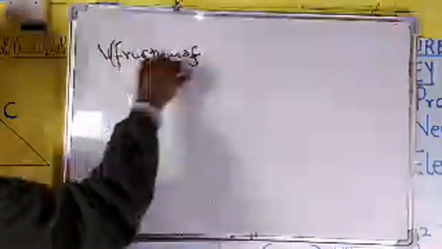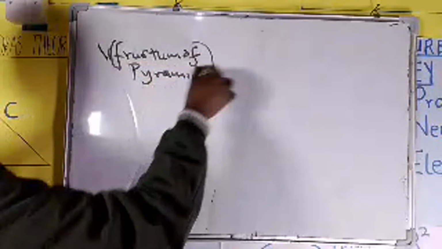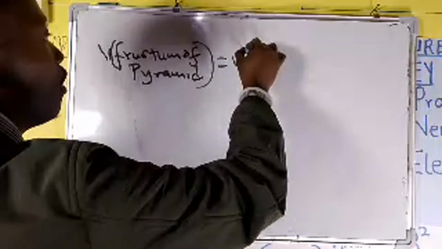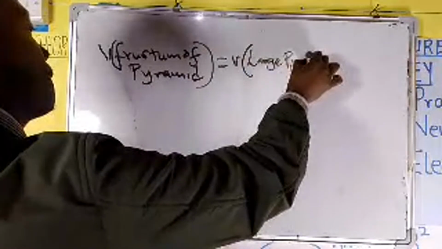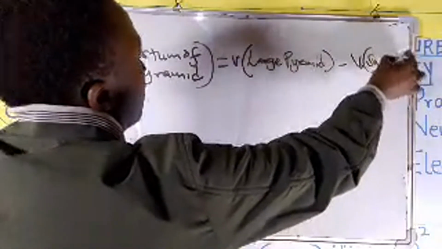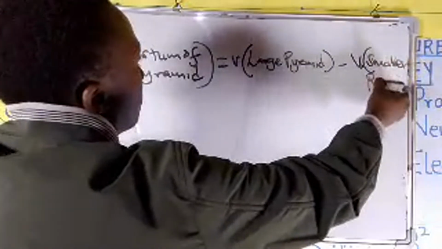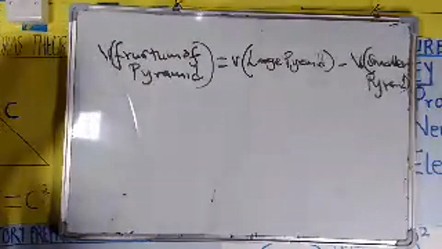Volume of frustum of pyramids. For us to find the volume of the frustum of a pyramid, it is the volume of the large pyramid minus the volume of the smaller pyramid. What does that mean?